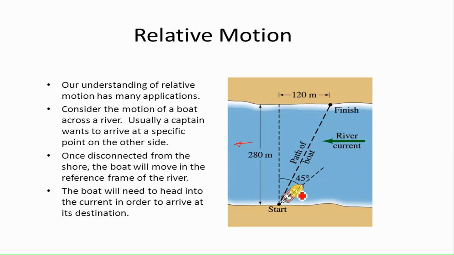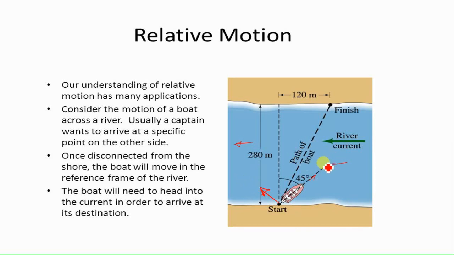In this case the boat is supposed to be moving upstream. If a boat would move like this, then the movement of the boat would be said to be moving downstream.